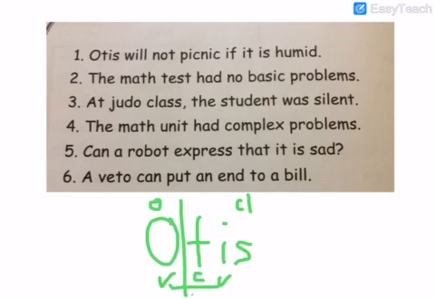Oh, it's the name of somebody. So now we can read this word. And so that's just a quick video of how we can actually read some words. And now if we read this first sentence, we can read it as: Otis will not picnic if it is humid. And you can do that with any of these sentences.